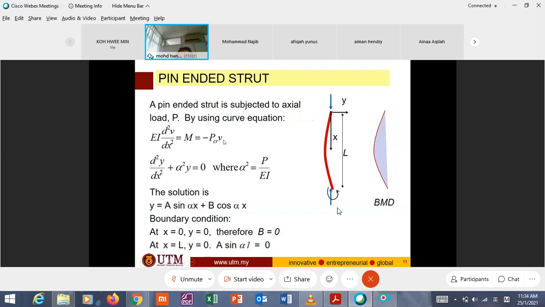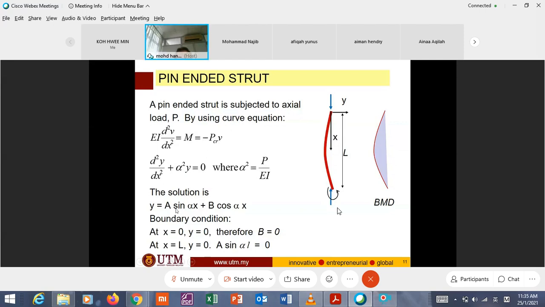Now you substitute here d squared y plus alpha squared y equal to 0, where alpha squared equals P over EI. You replace M over EI with this one, alpha squared.